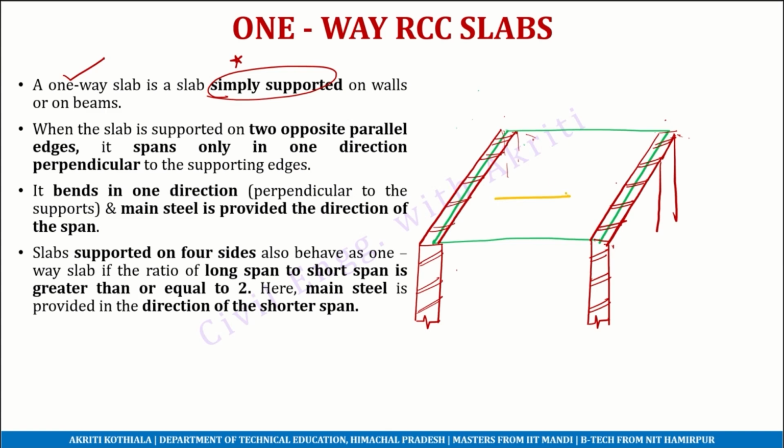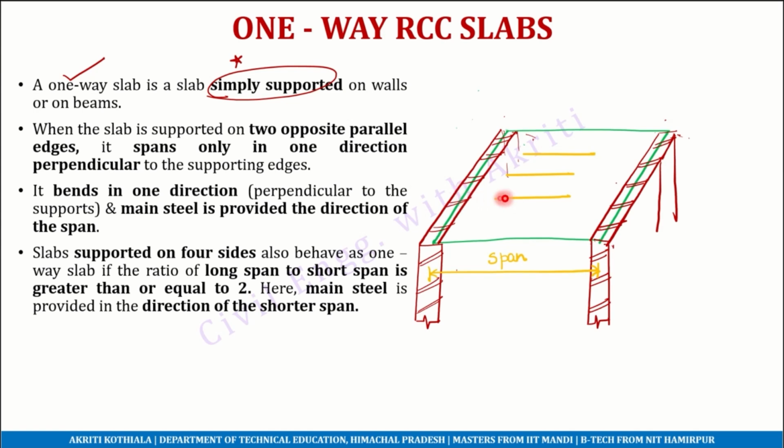So this is the direction in which the slab spans. If we have to talk about the span of the slab, we will say that this is the span of the slab. Like in a beam, we used to consider a span. This direction will be the span of the slab, perpendicular to the supporting edges.